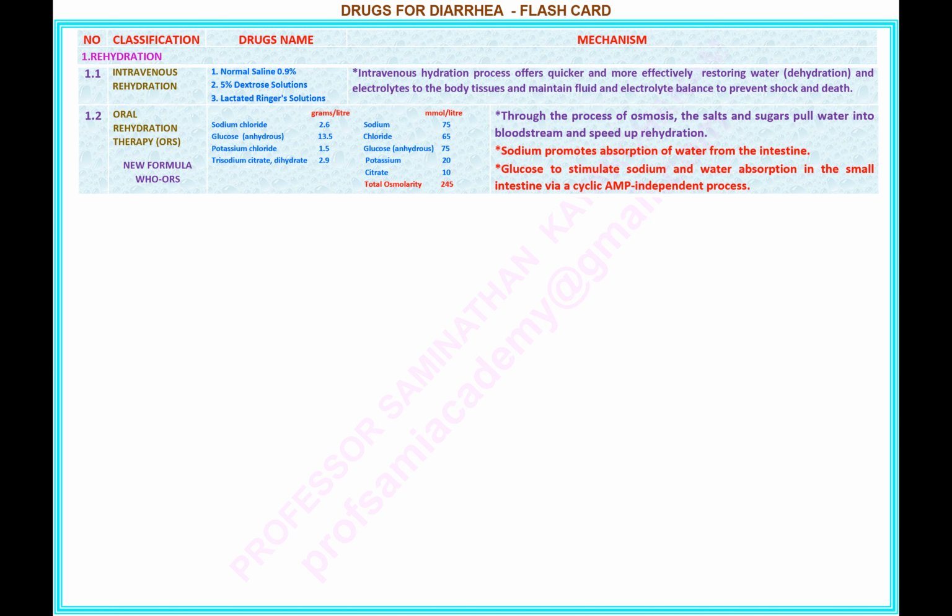Potassium chloride, 1.5 grams per liter, potassium 20 millimoles per liter. Trisodium citrate, dihydrate, 2.9 grams per liter, citrate 10 millimoles per liter.